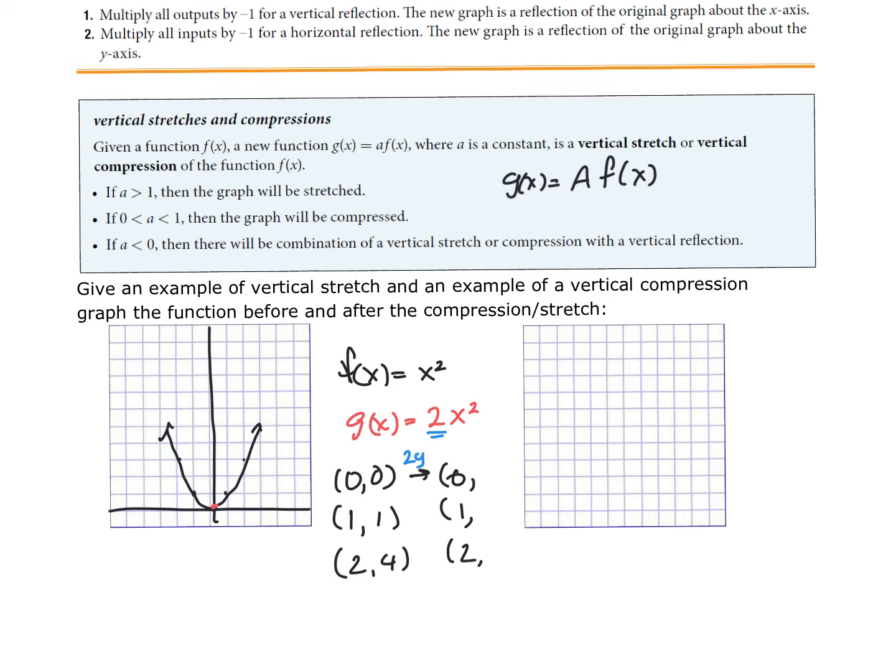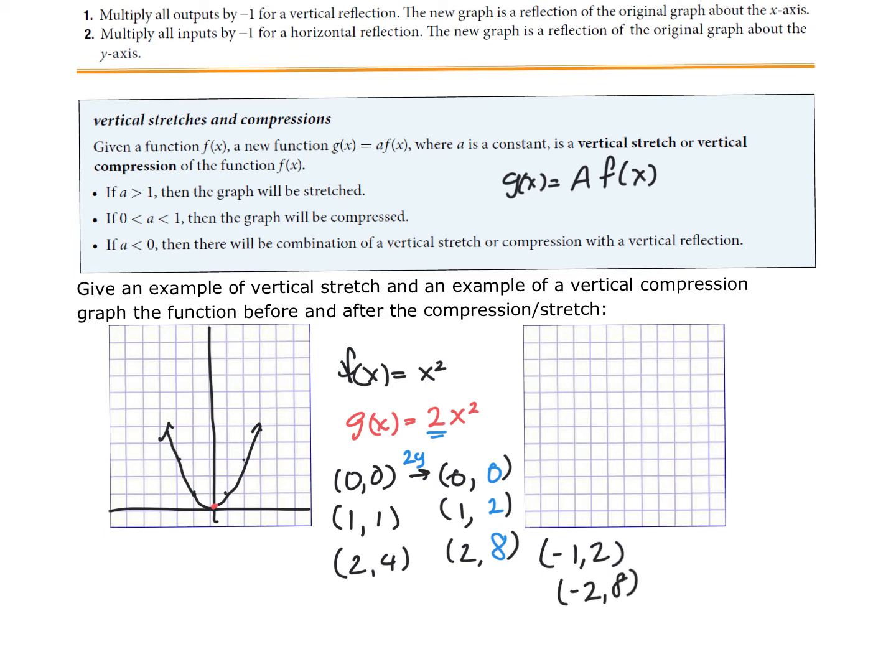Well, 0 times 2 is still 0. 2 times 1 is 2, and 2 times 4 is 8. So these are where the key points of my parent function have gone. And because this is even, I know what the other side should look like as well. The other side, on the other side of the y-axis, would have been the ordered pairs (-1, 2) and (-2, 8).